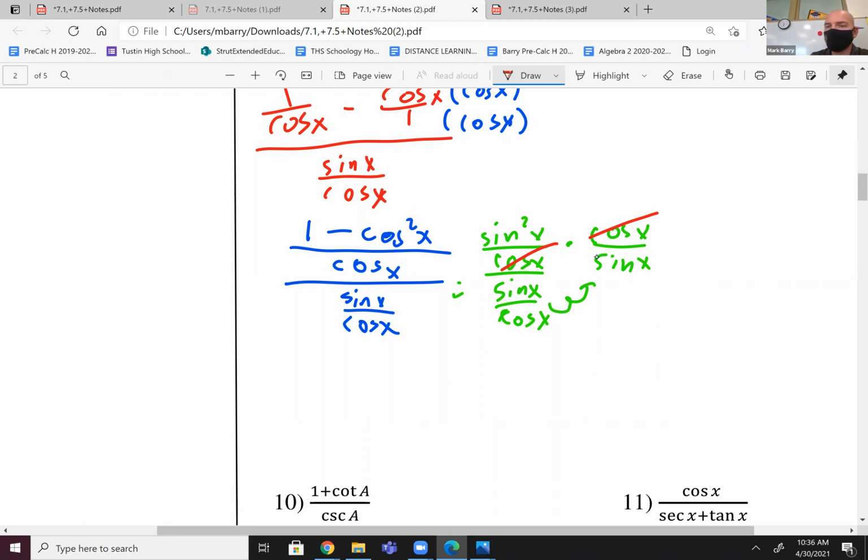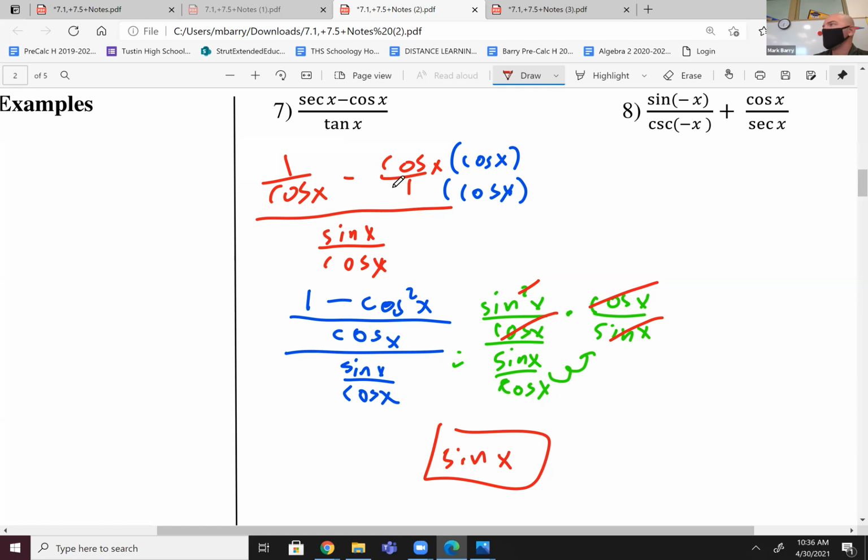So I can cancel out one of those sines with the sine x on bottom. So I am left with just that last sine x on top. Everything else got canceled out, okay? You can really see the simplification, right? Especially from our first step all the way down, all of that just turned into sine x. Pretty awesome if you ask me. All right. Good.